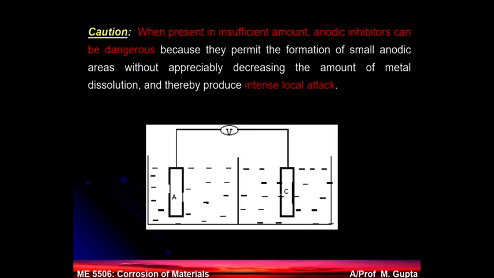This is a hypothetical corrosion system, in which you have an anode and a cathode. Now you use an anodic inhibitor. Human error, you don't add the specific amount. So once you don't add the specific amount, that means part of the anode will not be covered.